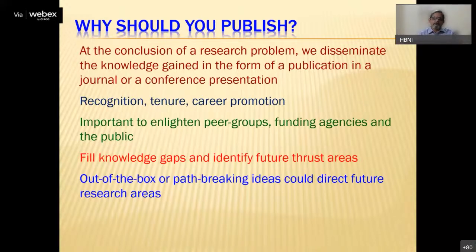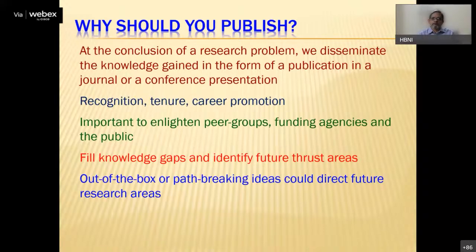When you enlighten your peer groups, your research will get validated by those who will be looking at your results and then trying to reproduce the experiments, or they may take it further in a different direction starting off from where you have left. So bringing your results to the attention of your peer groups is very much essential.